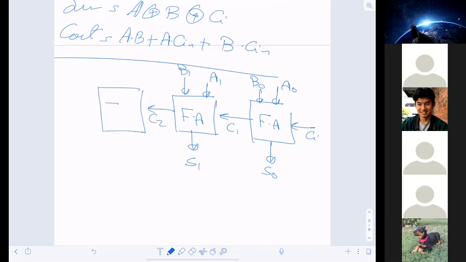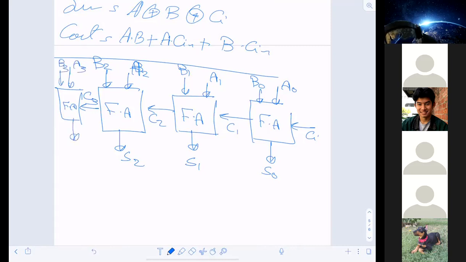Then another full adder with A2, B2, which brings me S2 and C3. Then if I take C3 one more time, it's A3 with B3. They bring me S3, and there is a carry out for this. So what I have in front of you now is a 4-bit full adder, right? That makes sense to everybody, or it doesn't make any sense?